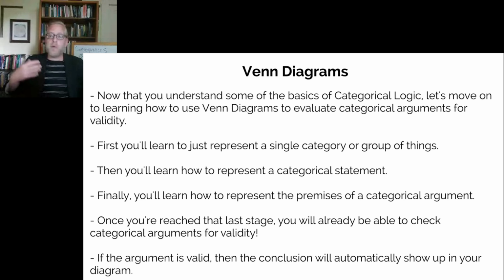If your argument format was valid, then just by representing the premises, you will also have already represented the conclusion. So that's very different from propositional logic. In propositional logic, you have to translate everything, the premises and the conclusion. You have to write the whole thing out. Here, you don't ever try to represent the conclusion. You only put the premises into the circles. Then if it's valid, the conclusion just magically shows up.